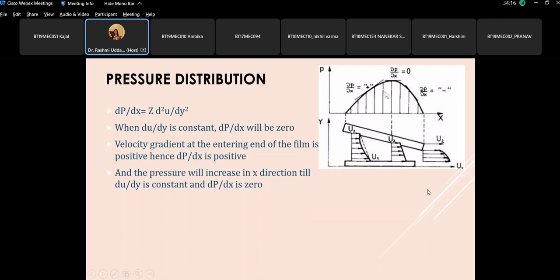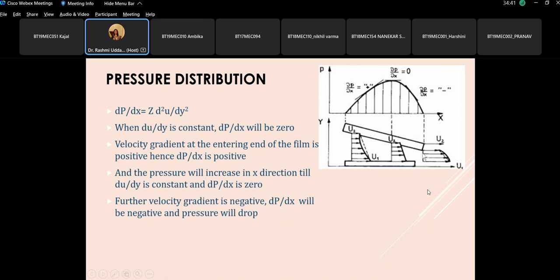The pressure will increase in the x direction till the velocity gradient is constant. At the constant velocity gradient, this pressure gradient del P by del X becomes 0 when the pressure reaches its maximum value. Further on, because the velocity gradient is negative, del P by del X will also become negative and the pressure will start dropping.